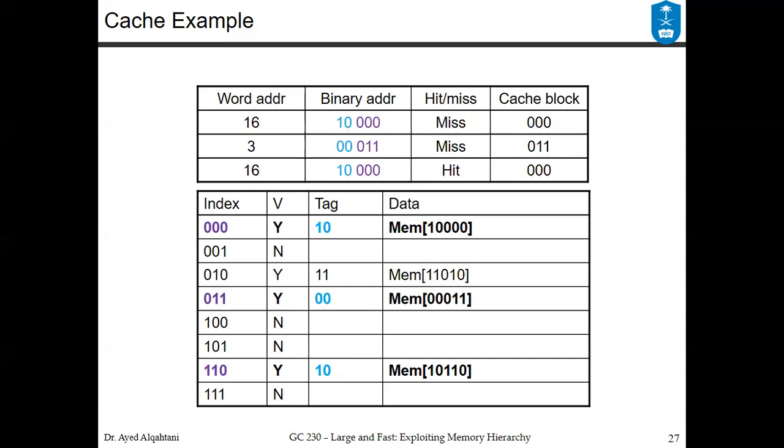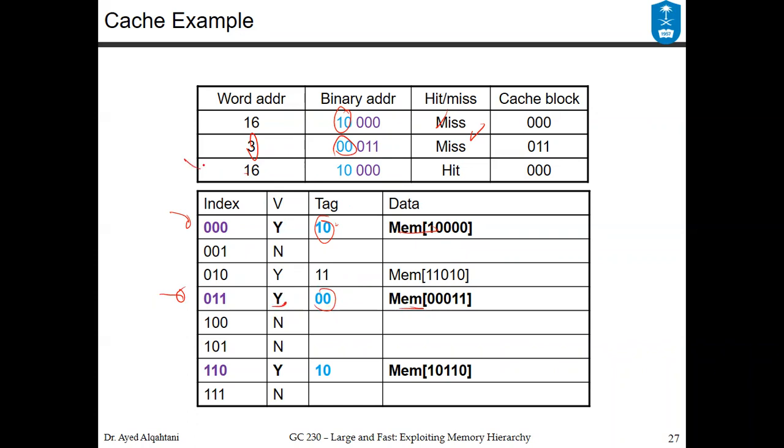Now, more, we have the word address 16, and it's 00001, which will be stored here, and you will find there was nothing there. So now you flip the valid to Y, and then you put the tag right there and the memory content, and it was a miss. Similarly, for the 3, it was also a miss, and we store it right here along with its tag, and we change the valid.